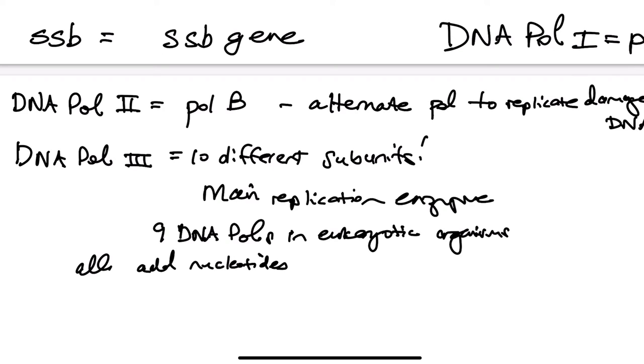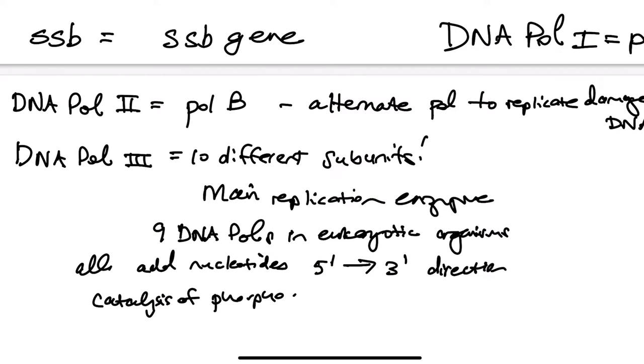They'll add nucleotides to the growing strand in the 5' to 3' direction only. So what they're responsible for is catalyzing those phosphodiester bonds in the backbone of the DNA molecule.